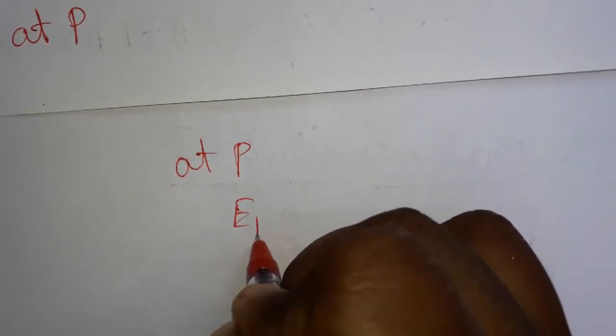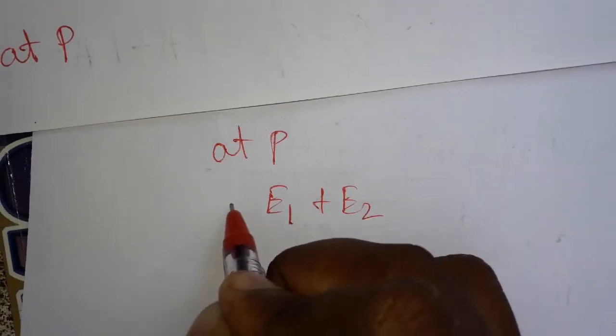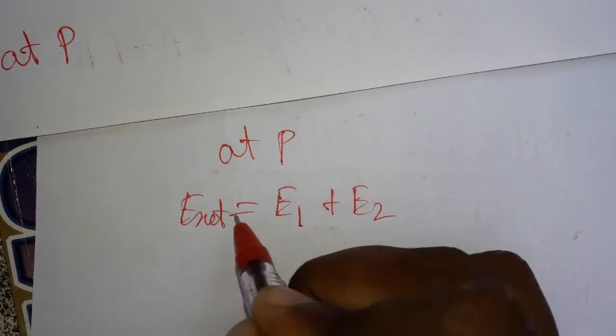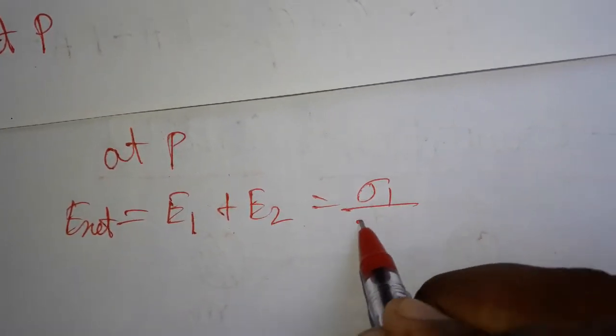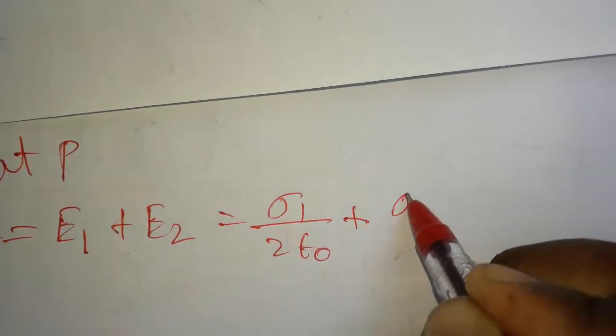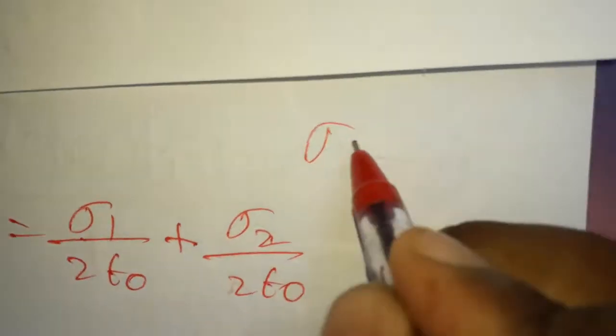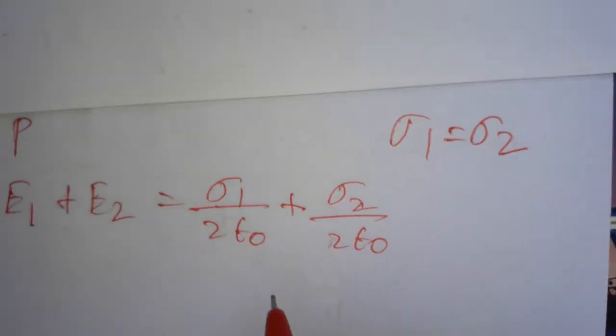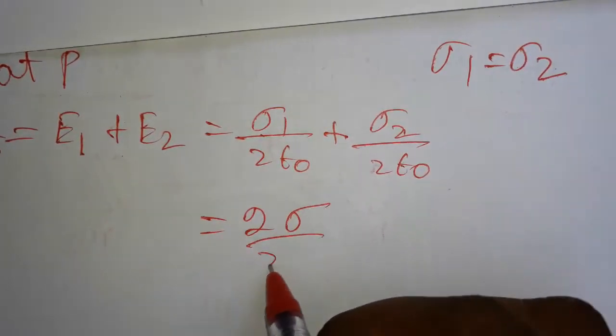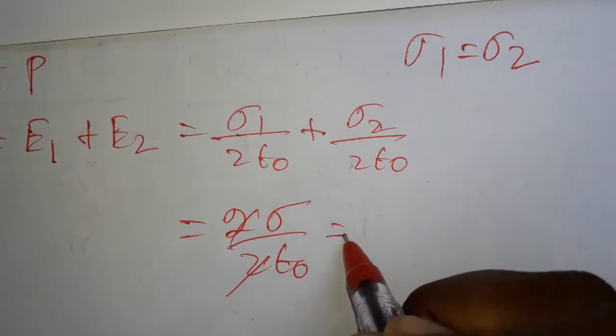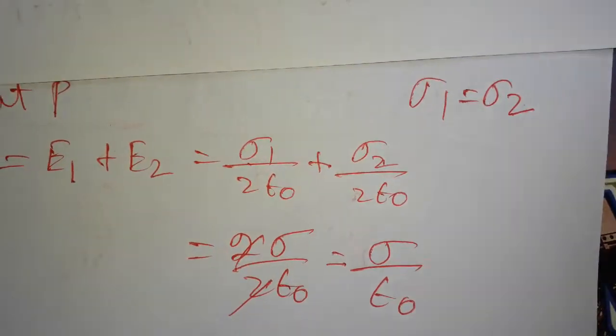E1 is sigma 1 divided by 2 epsilon naught, and E2 is sigma 2 divided by 2 epsilon naught. Both are equal, sigma 1 is equal to sigma 2, so we get 2 sigma by 2 epsilon naught. The 2 gets cancelled, giving sigma by epsilon naught.